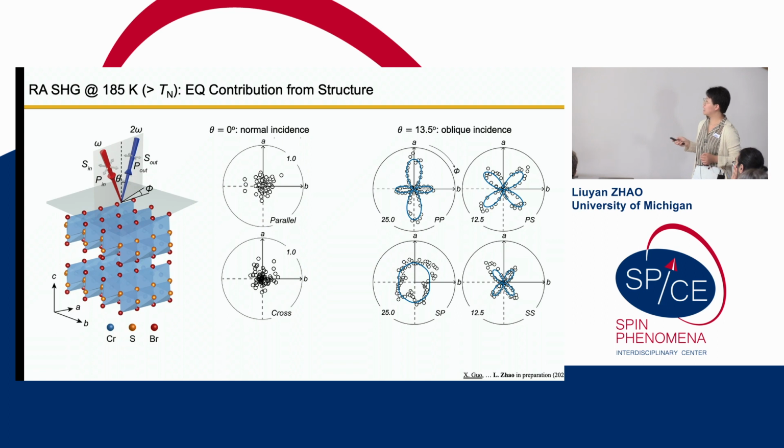So these are the 4 channels at the incident angle of 13.5 degrees. So then if we look at all 4 channels, we can see 2-fold rotational symmetry present, 2 mirrors present, and in fact, inversion symmetry is present by the inference of small signal level. So then our data is best fit by the electric quadrupole contribution to SHG under this mmm point group.